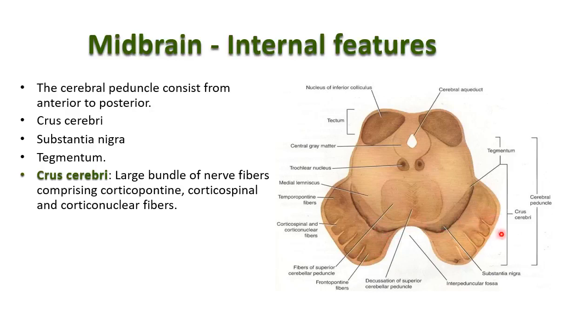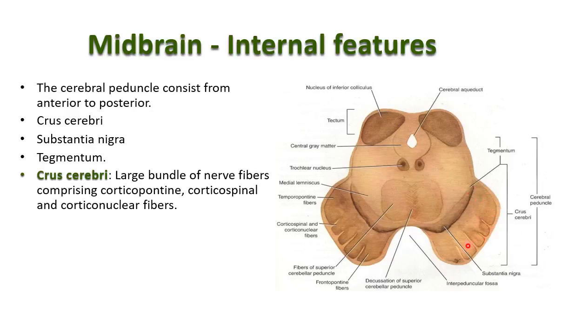Then the middle or intermediate part consists mainly of corticospinal fibers, which form the motor tract, the pyramidal tract. Then you have the corticonuclear or bulbar fibers to the cranial nerve nuclei at the lower level. And then more laterally you have the parietopontine and temporopontine fibers. They are all mainly descending fibers.